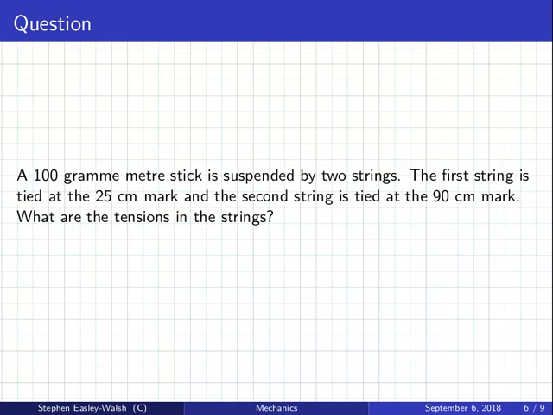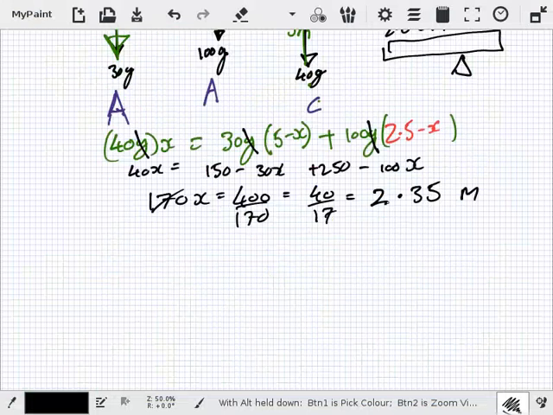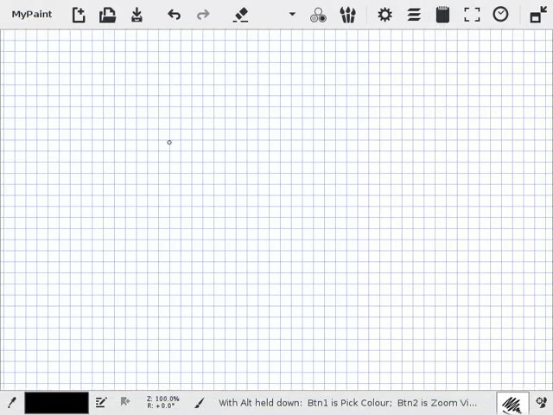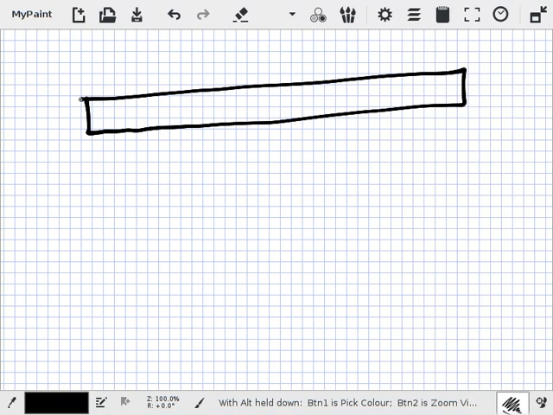Okay. A 100 gram meter stick is held by two strings. Okay, so I'll draw this for you. So this is 100 grams and it's 1 meter long. It's a meter stick.